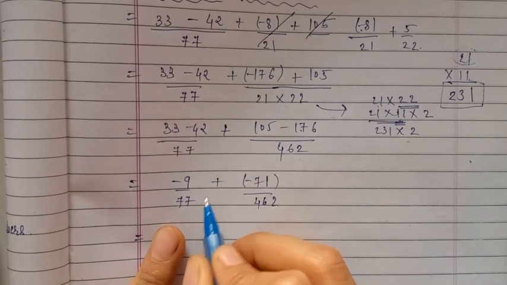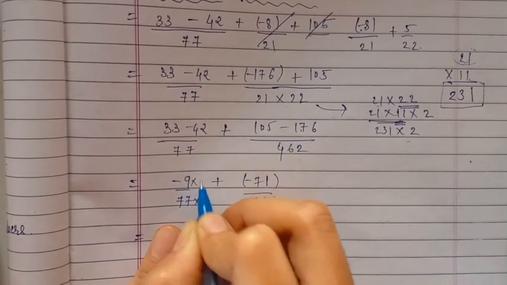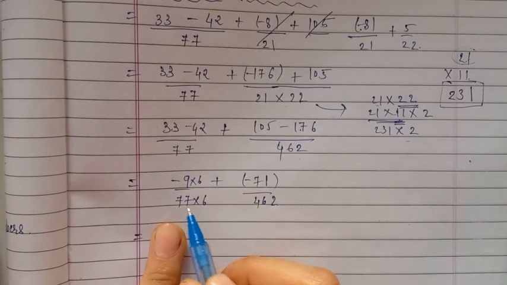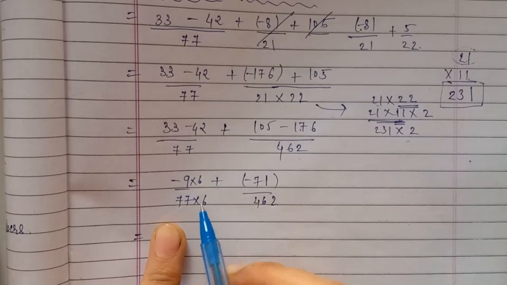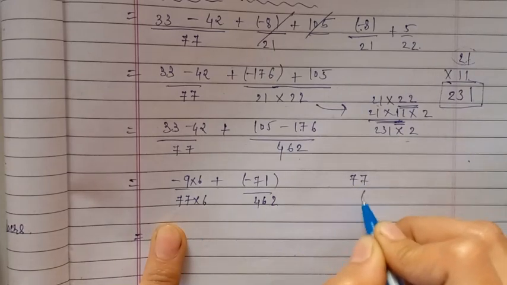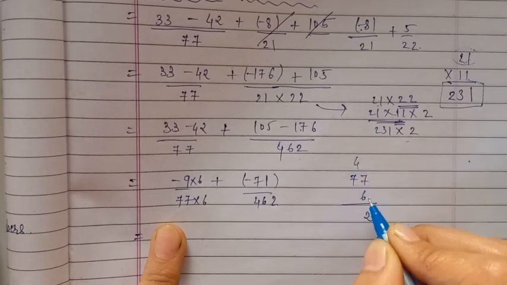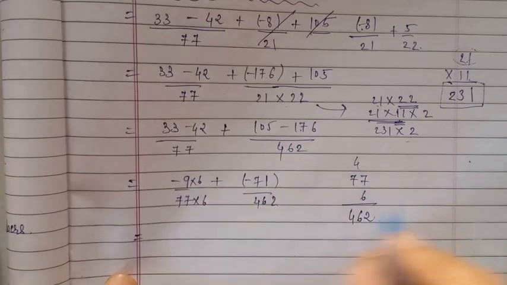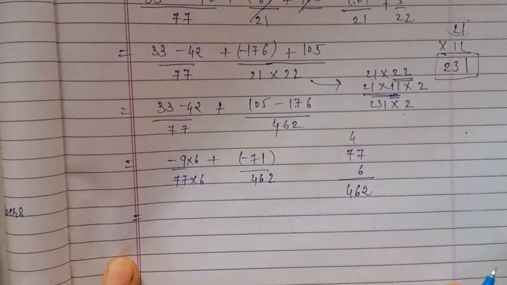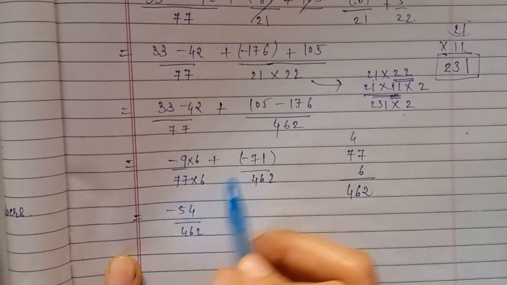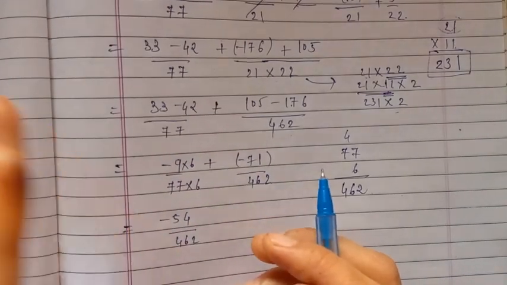If we multiply by 6, our denominator will become the same. 77 into 6, 6 into 7 is 42, 42 plus 4 is 46. And 9 into 6 is 54. If you do cross product, our multiplication will become too big.